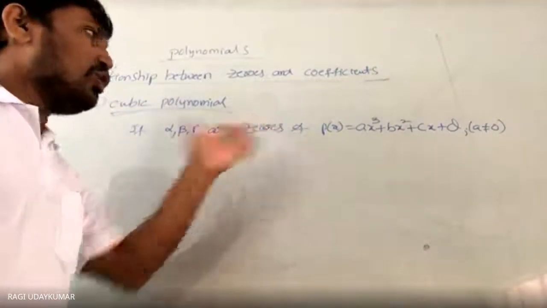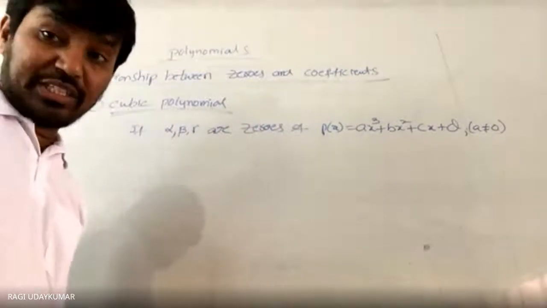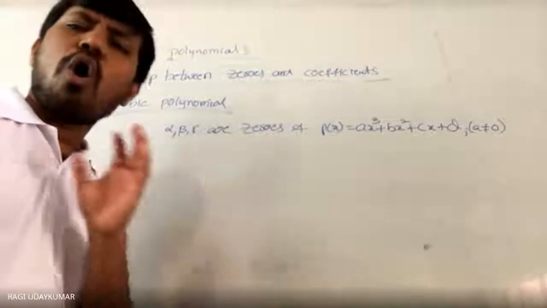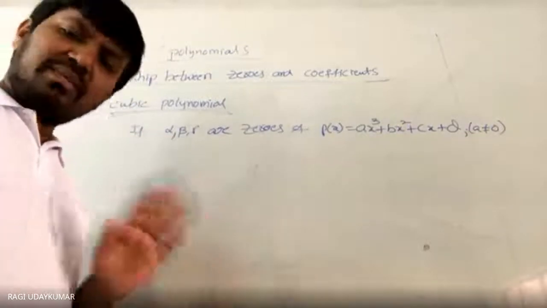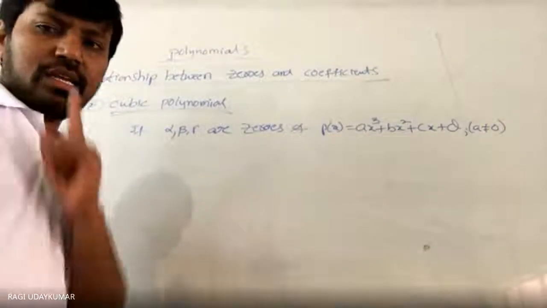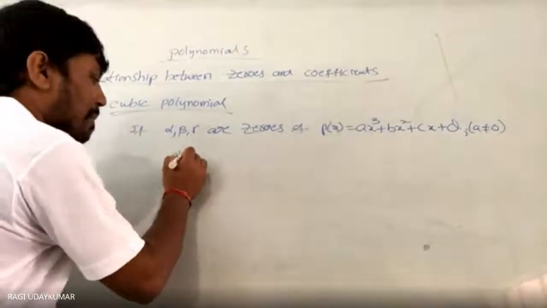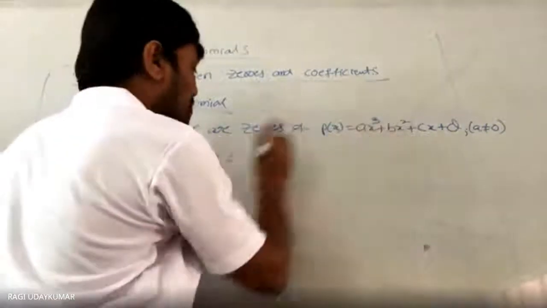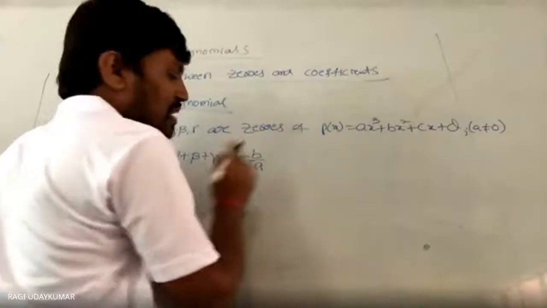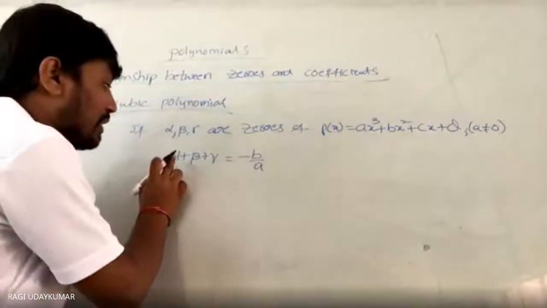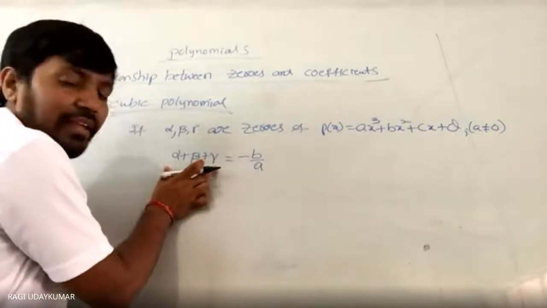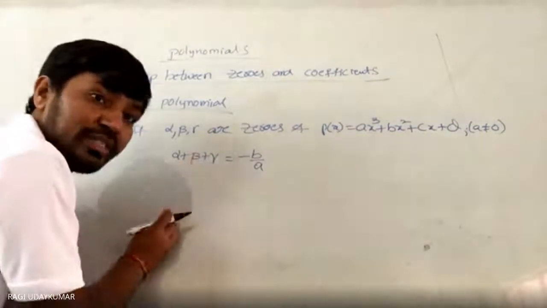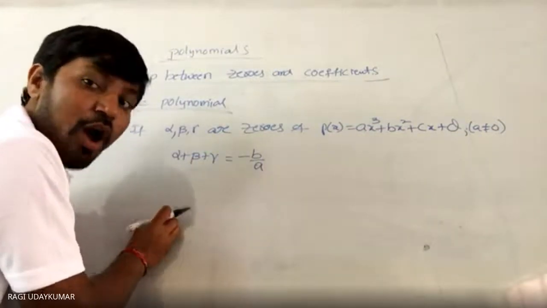So if you consider these three as the zeros, then how will the relationship between the zeros be? All the models of the polynomials will be in the same way. See here, do remember, sum alpha plus beta plus gamma is equal to minus b by a. And here, three zeros are there, na? Two zeros at a time you take, and form all the combinations.